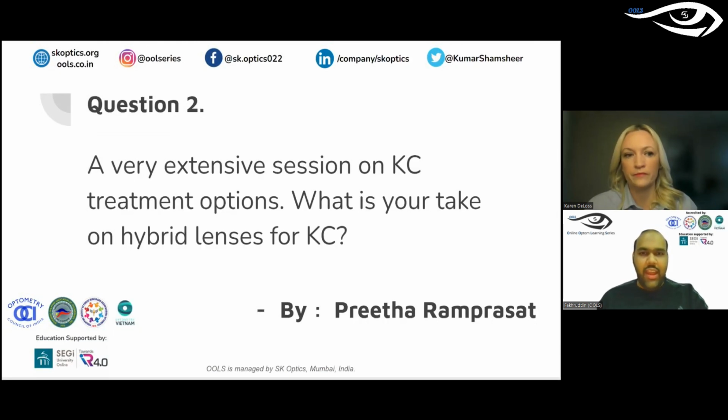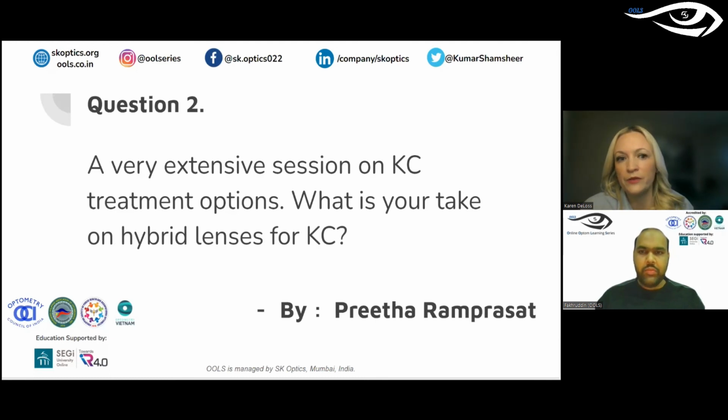Awesome, great. And any thoughts on using hybrid lenses for keratoconus? I think it's a great option. Again, it just depends on the patient. Usually, I'm more likely to do gas permeable or scleral lens.